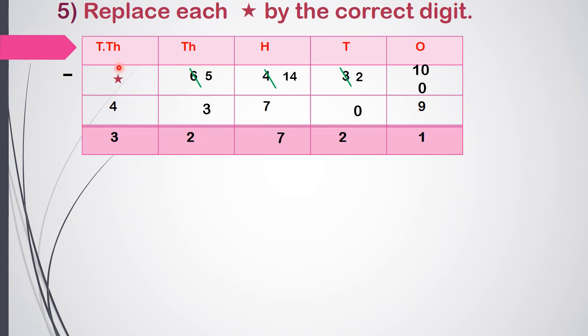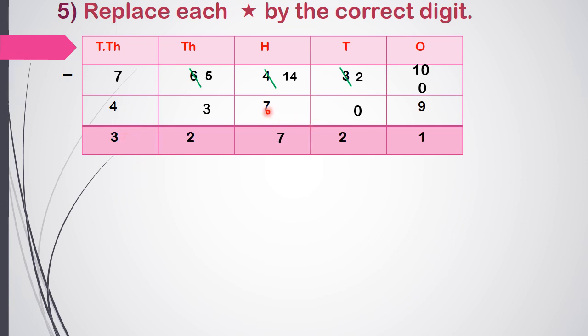Now we move on to the next digit, 10,000. So star minus 4 is equal to 3. So we have to add these two numbers to get the larger number. So 4 plus 3, what is 4 plus 3? 5, 6, 7. So we get 7.